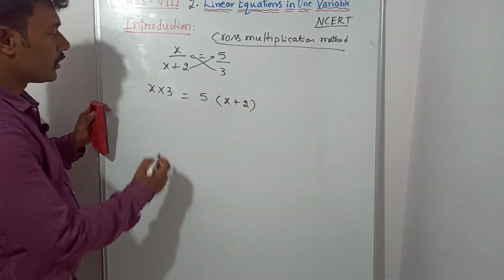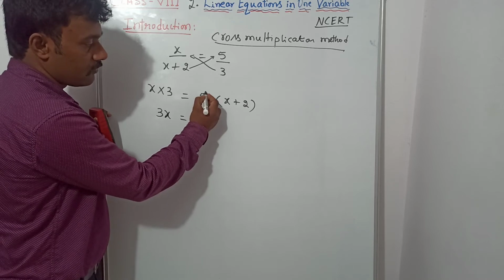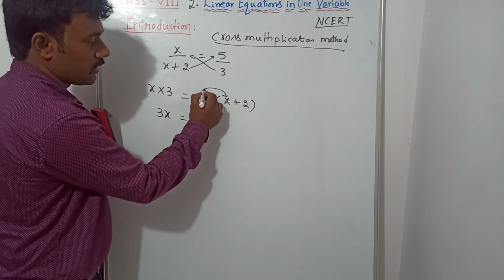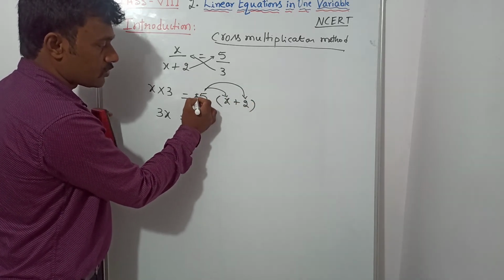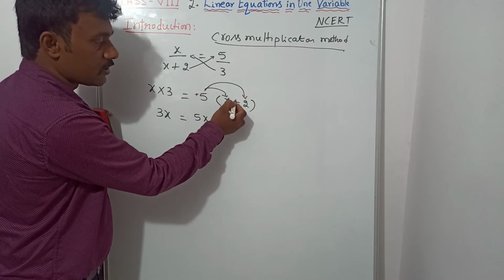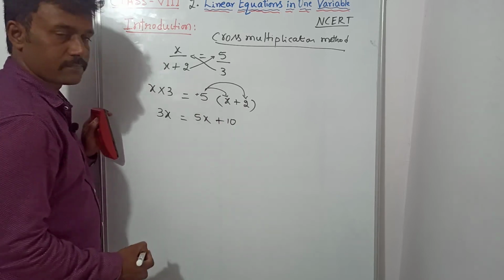So x into 3 is 3x, and 5 into x is 5x, and again it is multiplied with the second term. Here if there is no sign for the first number, it is understood we have plus. Plus into plus is plus, 5 2s are 10.